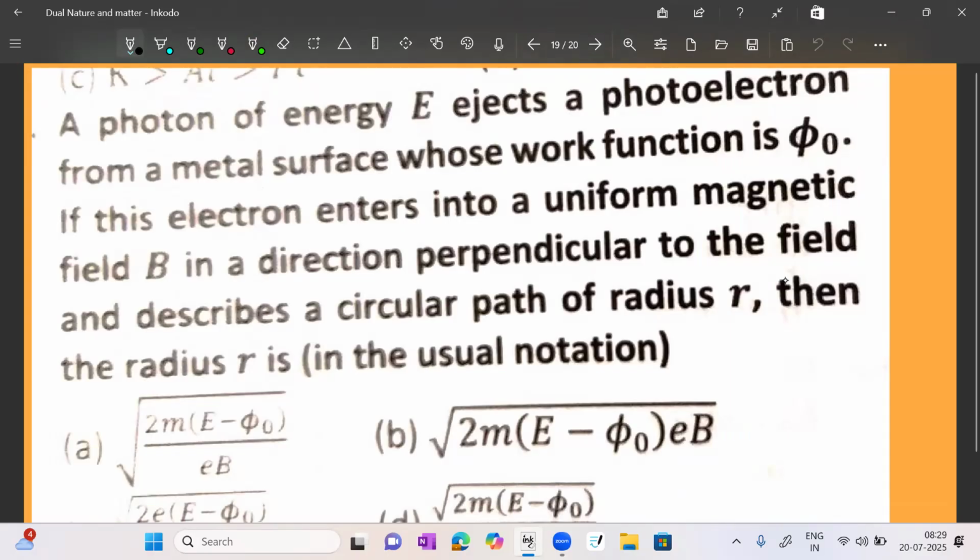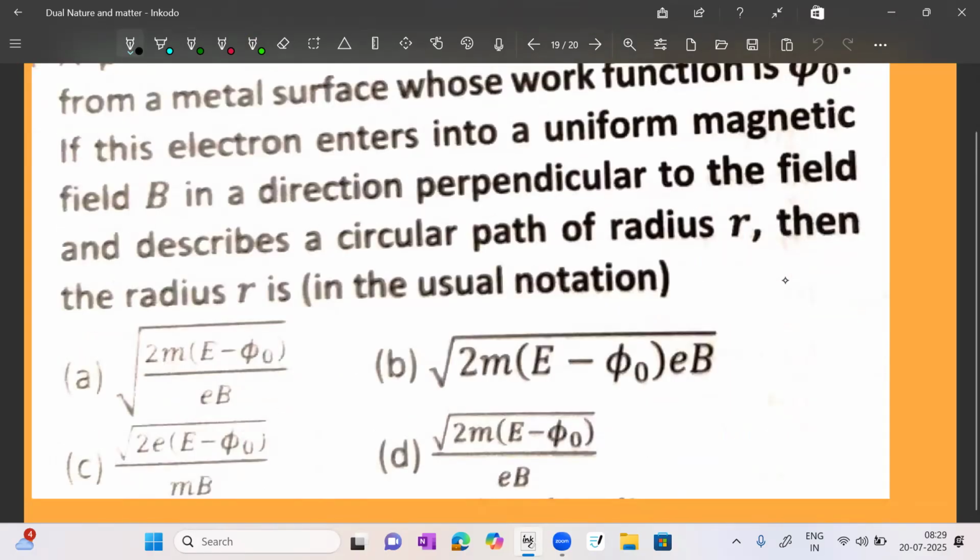Now, this is a little bit typical problem. They ask for the radius. So we have the formula radius r is equal to mv by Bq, and this is root 2mK by Bq. So Bq means eB. So the option is either this or this. And we know that energy is equal to hc by lambda, or otherwise we can write work function plus kinetic energy, KE max.